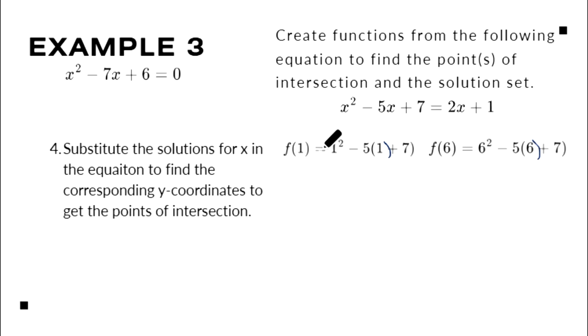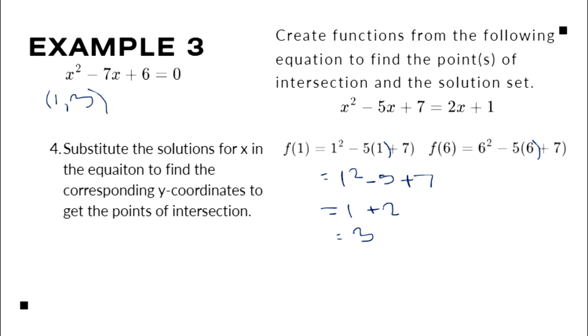Let's try again. So we have 1 squared. Negative 5 times 1 is negative 5. Plus 7 gives us, and now we do the exponents, 1. Negative 5 plus 7 is positive 2. So that gives us 3. So our first coordinate pair is 1, 3.